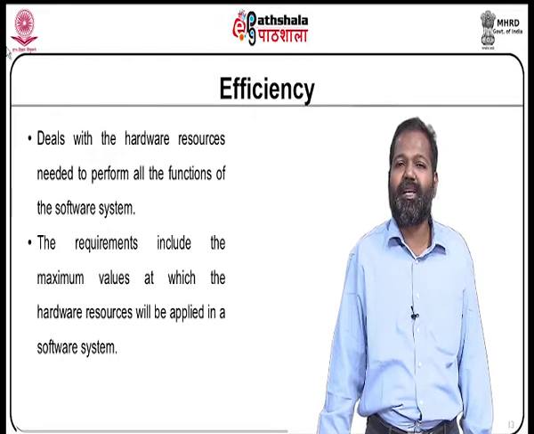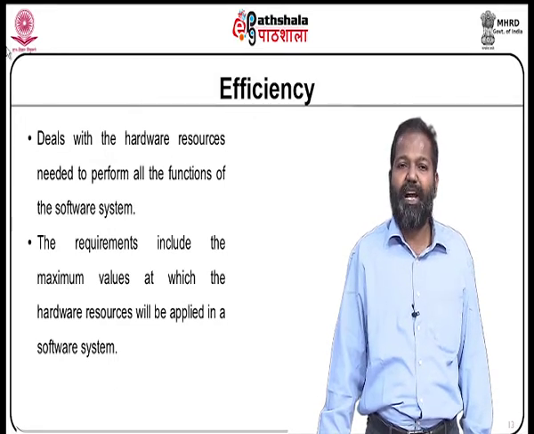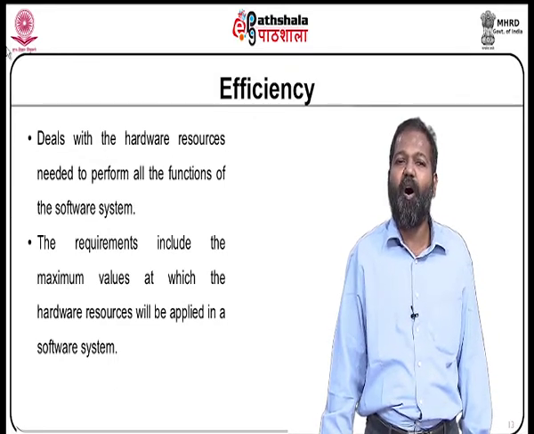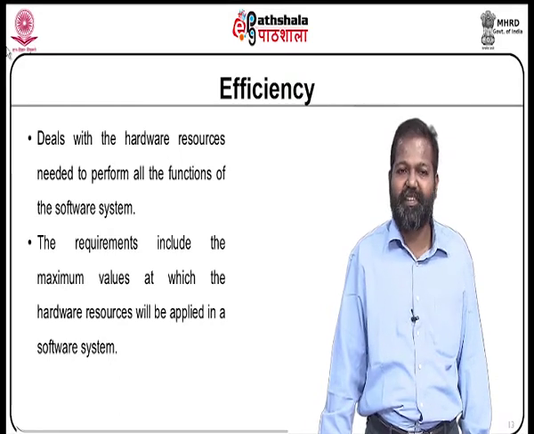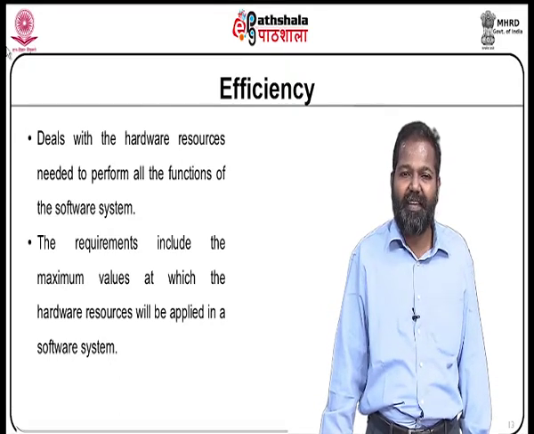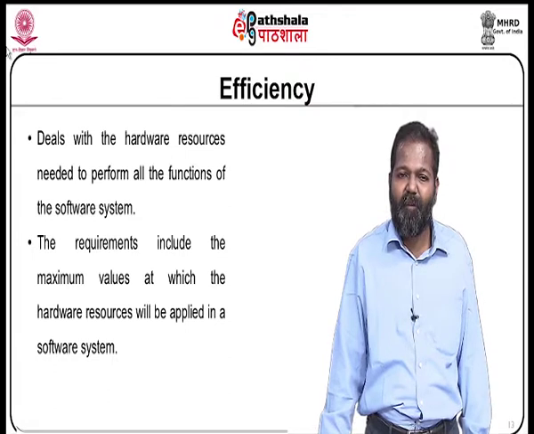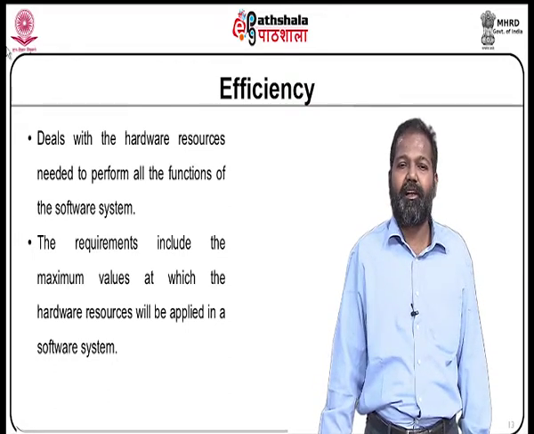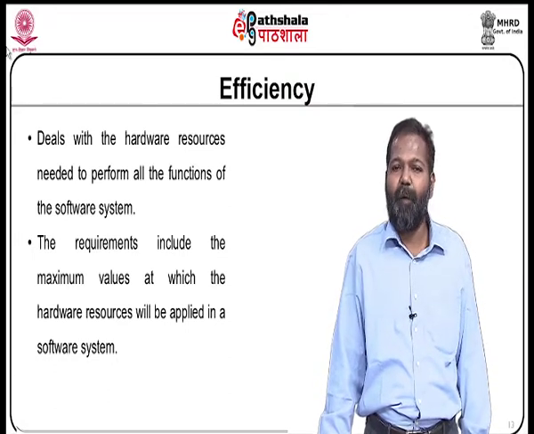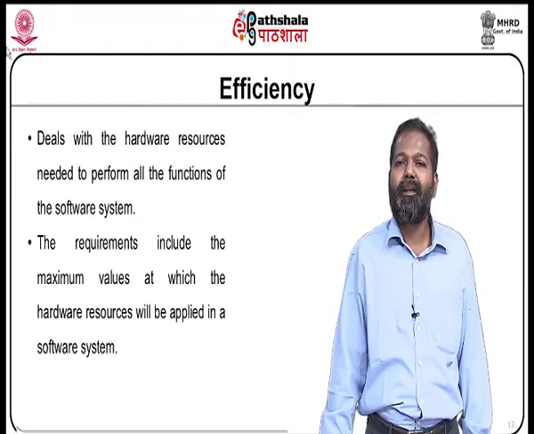Efficiency deals with the hardware resources needed to perform all the functions of the software system. The requirements include the maximum values at which the hardware resources will be applied in a software system.